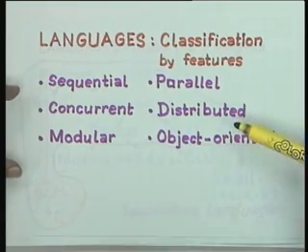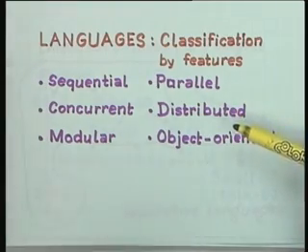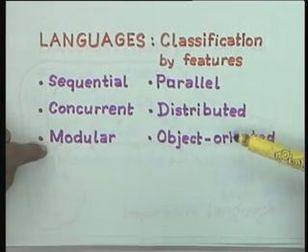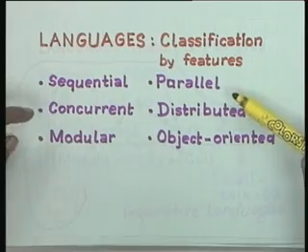What we mean by features are these kinds of features: whether the language is sequential, as most of the languages in the early 60s were, whether they are concurrent, whether they are modular, whether they are distributed, whether they are parallel, whether they are object oriented, and so on.